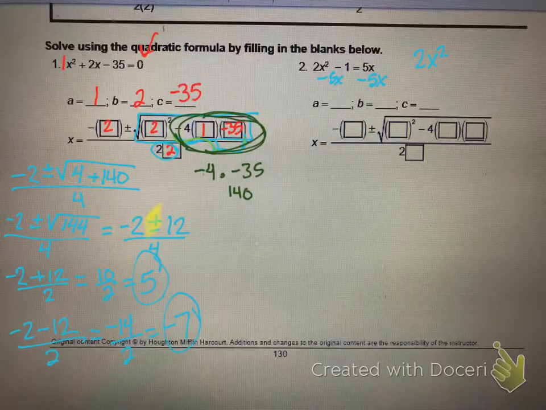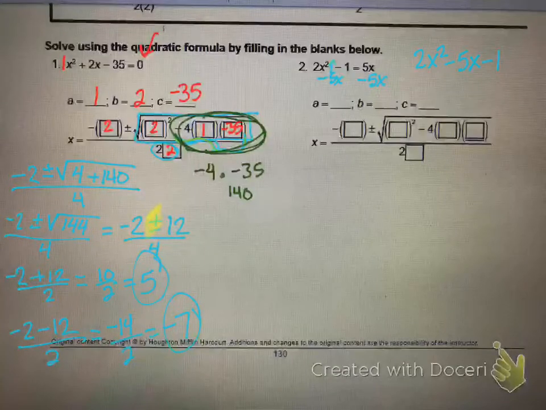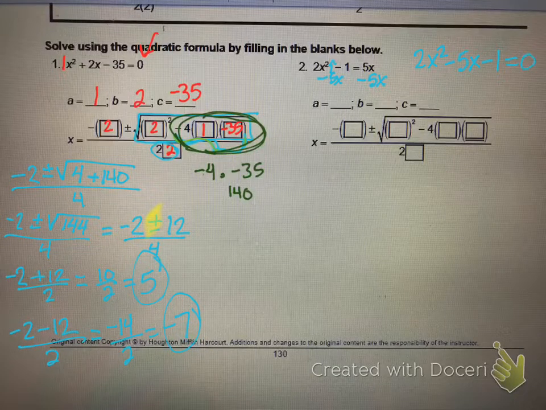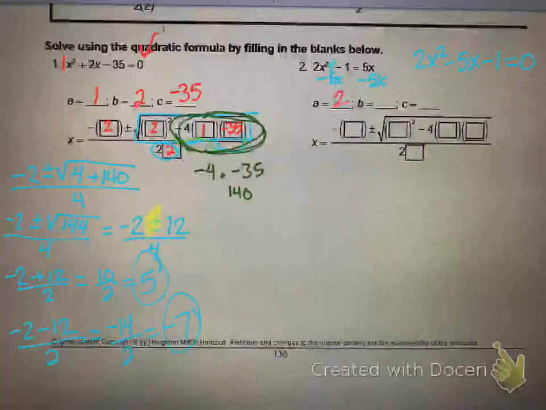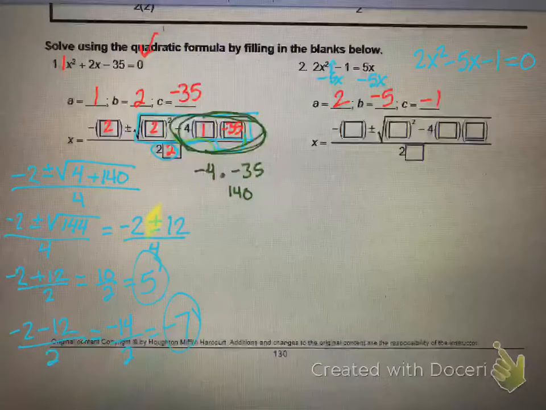The 5x goes next, so minus 5x, and then the minus 1. So all I did was sandwich that negative 5x in between those two terms. And then all that now equals 0. Now I can go ahead and pick out my a, b, and c. A is 2, b is a negative 5, and c is a negative 1.